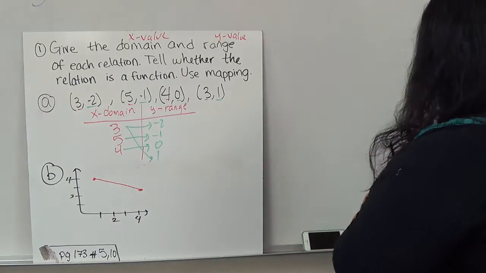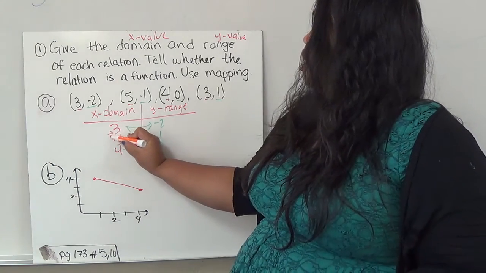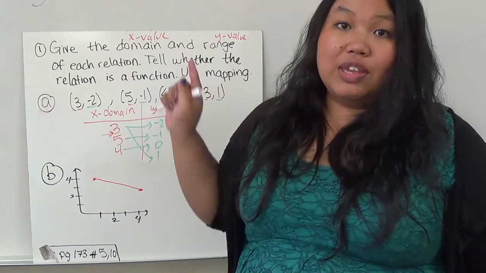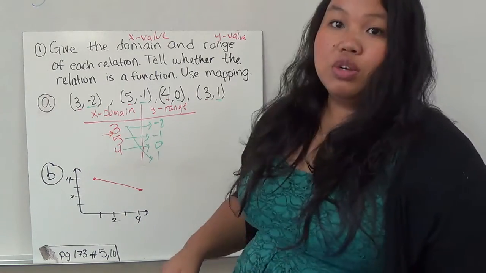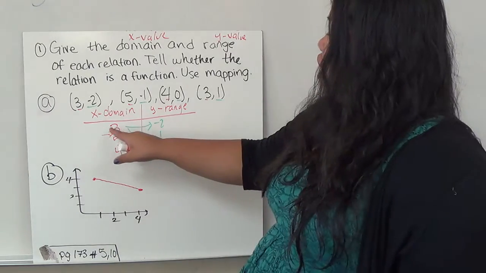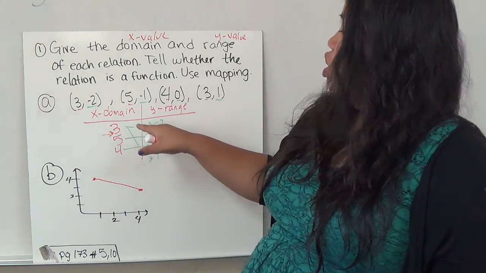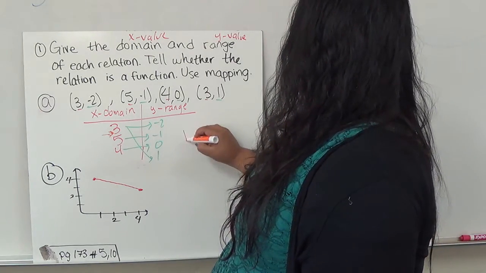That's what mapping is. Because this right here is telling me that if I plug in 3 to whatever equation is giving me these sets, it's going to give me -2. If I plug in 3 again, it's going to give me 1. So because it's giving me one domain for 2 different ranges, this is not a function.